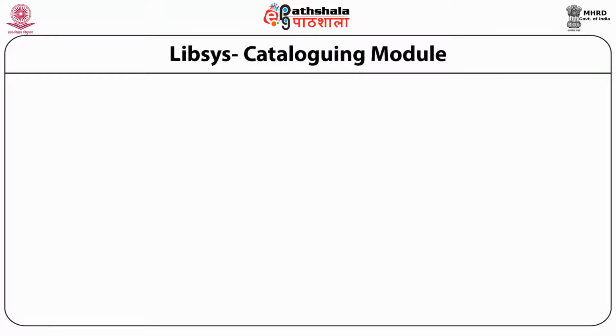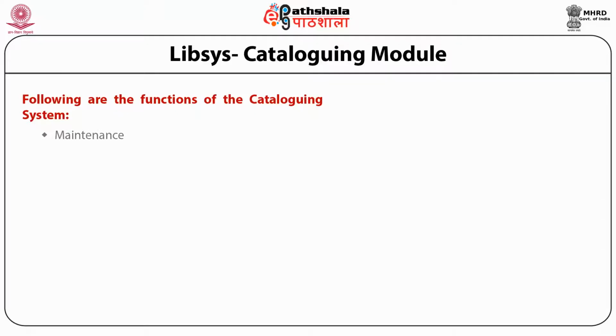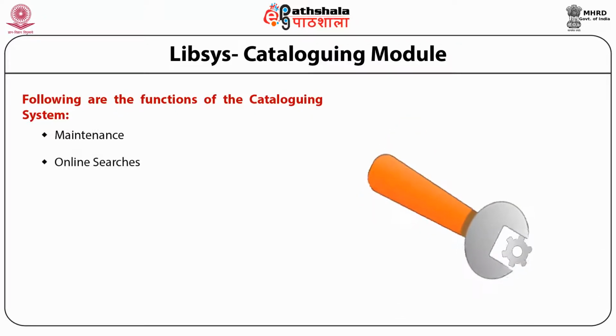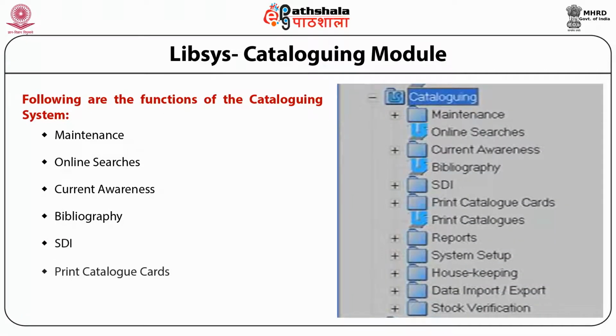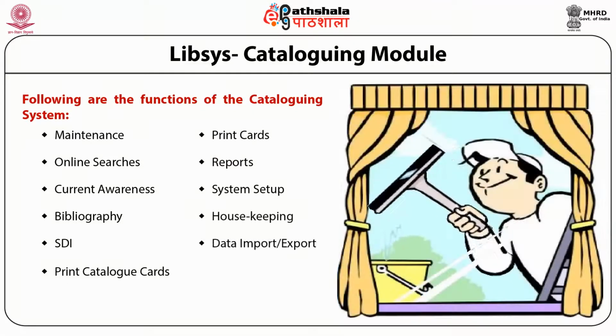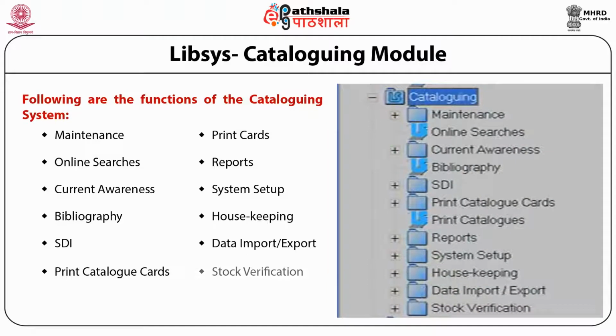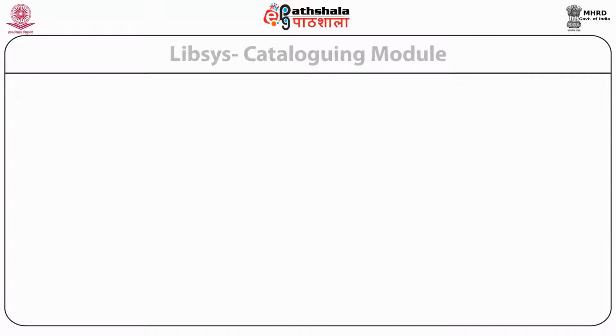The screen shows the cataloging module of Libsys 4 with its functionalities: maintenance, online searches, current awareness, bibliography, SDI, print catalog cards, print card reports, system setup, housekeeping, data import and export, and stock verification, which come under the cataloging module.